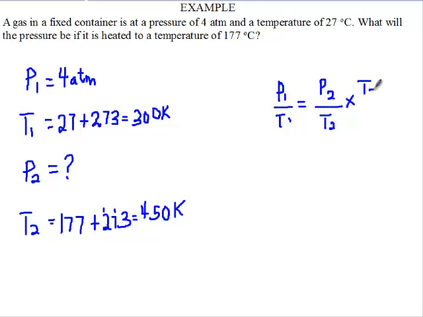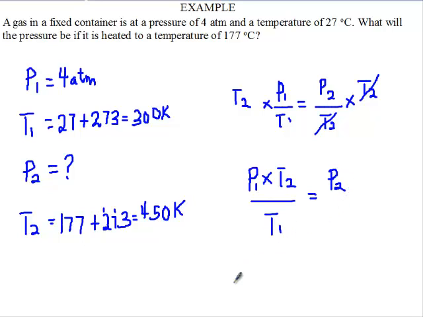If T2 is divided on that side, we are going to multiply both sides by T2, so that this will cancel this. And then we are going to have P1 times T2 over T1 is equal to the final pressure, which we do not know.